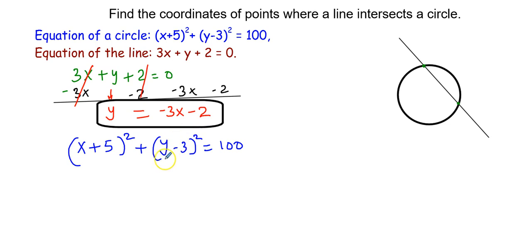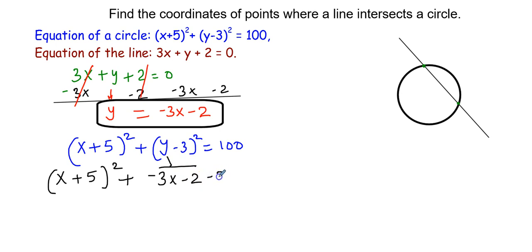I'll plug it in here in the equation of the circle. So it becomes (x + 5)² + this y, which is how much? Negative 3x minus 2. That is this y. I replaced that y with this whole thing, −3x − 2.